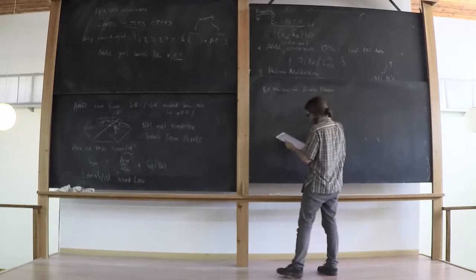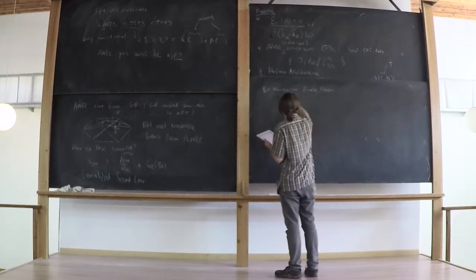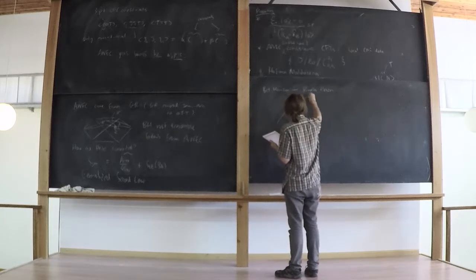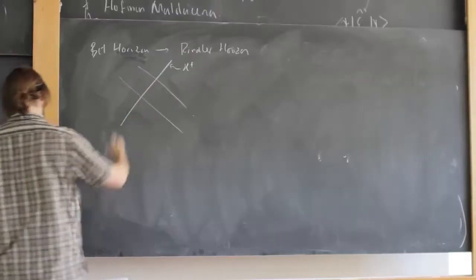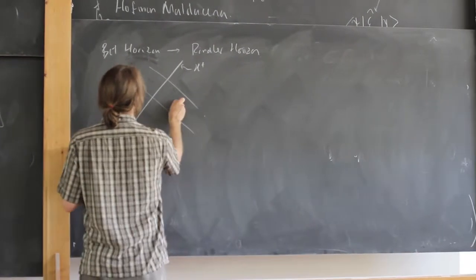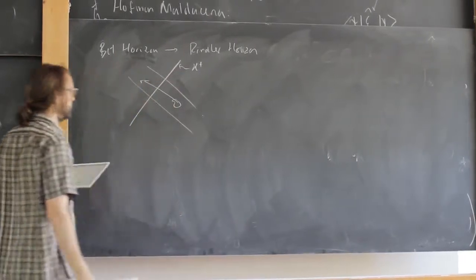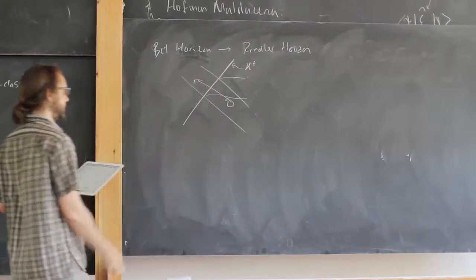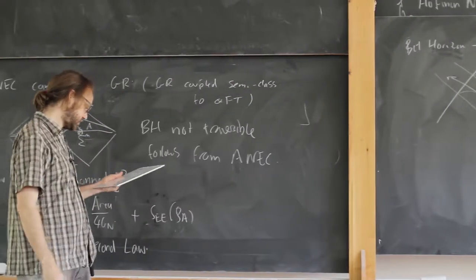And then our pictures that we were drawing look very similar. This is now the horizon of a black hole, and we have two cuts here. If we had some matter and threw it in, then the entanglement entropy would decrease, but the area is meant to increase to compensate.